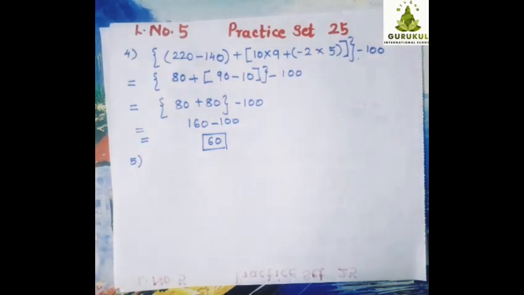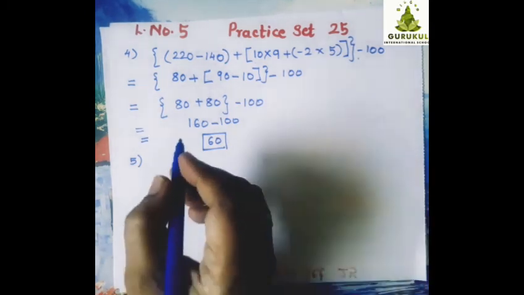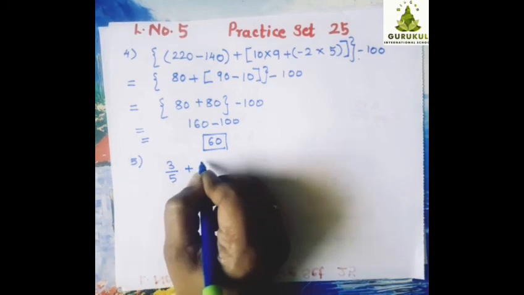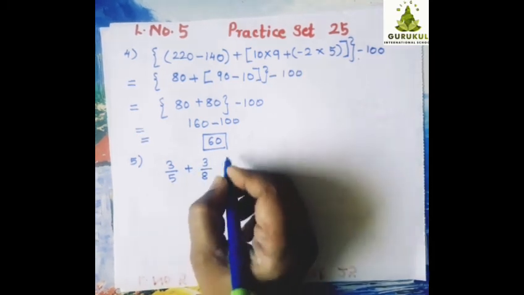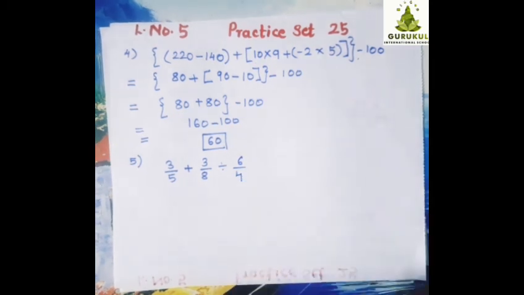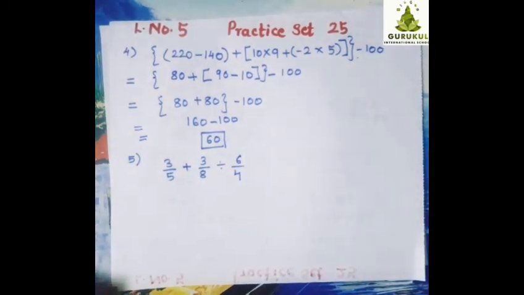In the fifth sum they have given us fractions and we have to solve them. That is 3 upon 5 plus 3 upon 8 divided by 6 upon 4, correct. Now as per our rule, starting from left to right, we should always carry out division or multiplication first.